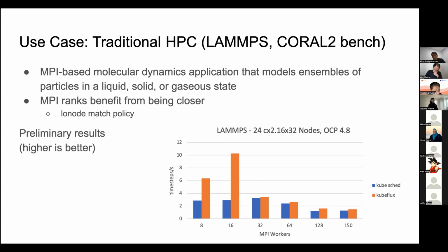Absolutely correct. Indeed, we are trying to be as fair as possible, and with the MPI operator. So here, this is an MPI application, and we use the MPI operator to deploy it. And this is as far as we got with the testing, this is the best that we get so far.